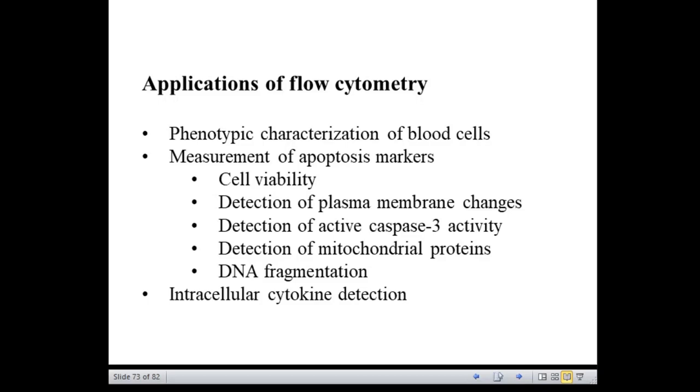The example for the dye which is used is 7-amino actinomycin D, abbreviated as 7-AAD. And also we have DAPI. You can find this DAPI most commonly even in laboratories.